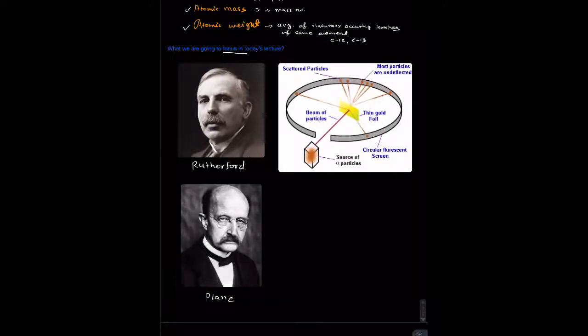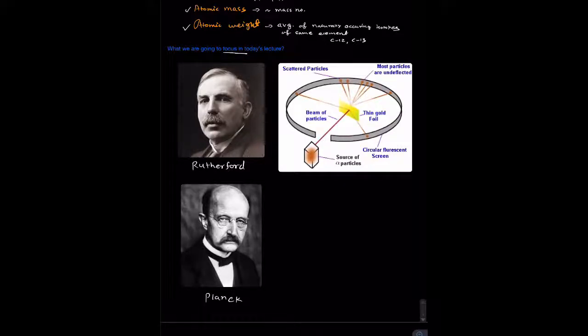These people played a great role in giving us an idea about how the atomic structure looks. Nowadays we know how atoms look, and these people did experiments and gave more and more ideas about atomic structure and more than that.